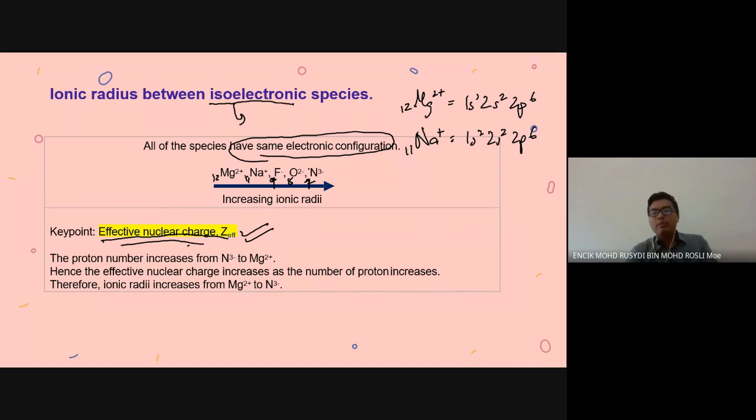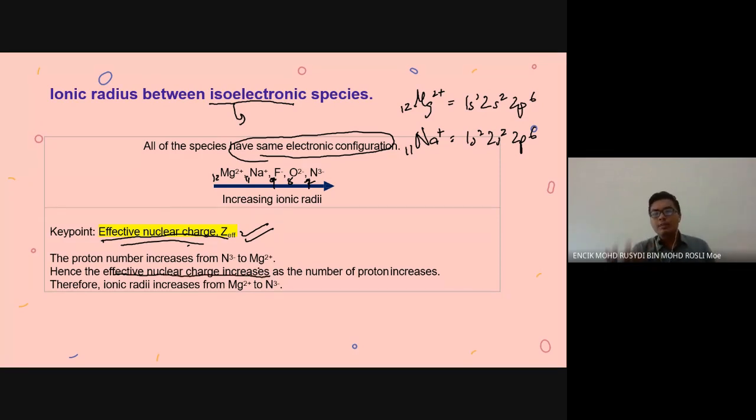So the proton number increases, 7, 8, 9, 11, 12. Hence, the effective nuclear charge increases as the proton number increases. So, effective nuclear charge ni yang menyebabkan dia berbeza dari segi size.